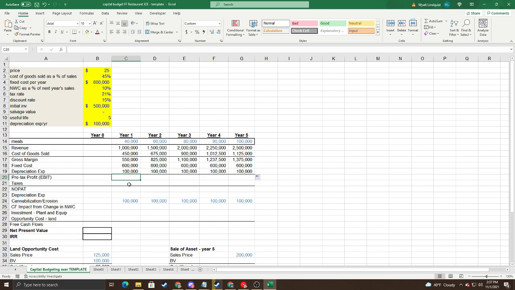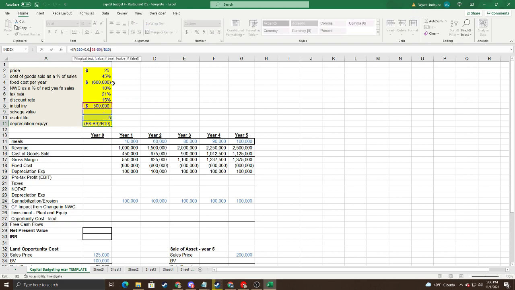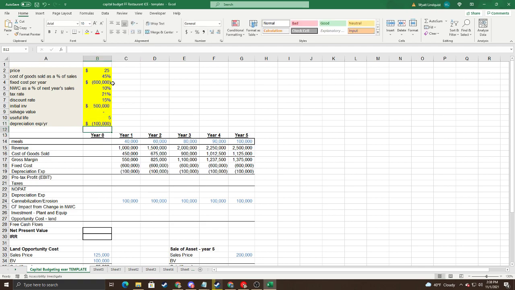Now, our pre-tax profit is a little different on each of these, and in order to make things a little easier, we're going to make our fixed costs per year negative.